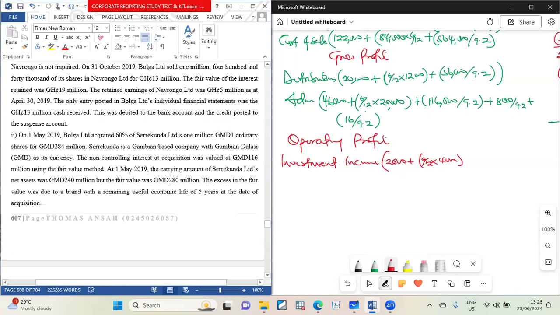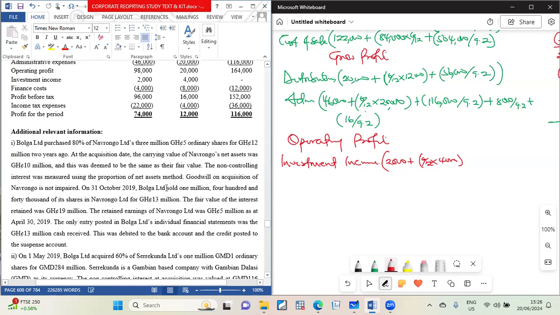Because we were told that he sold his shares in Navrongo somewhere here. He sold this thing in October 2019. So that should ring a bell, because Navrongo issued our dividend in 2020. By the time she issued it out in 2020, this guy was not owning 80%.